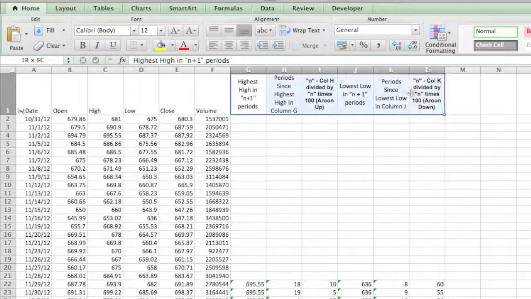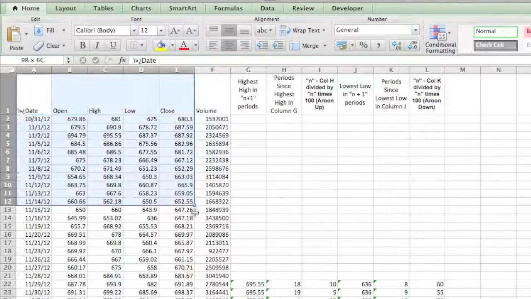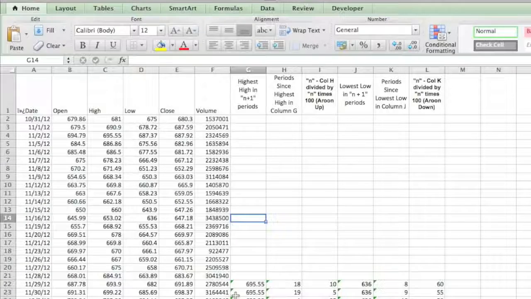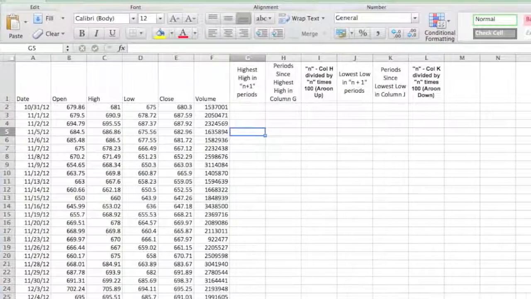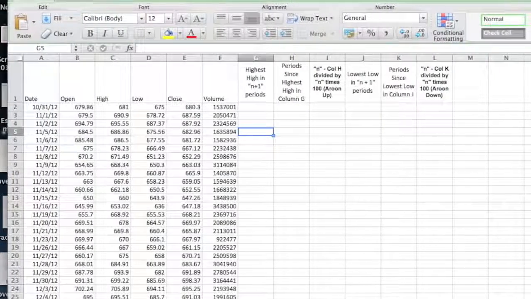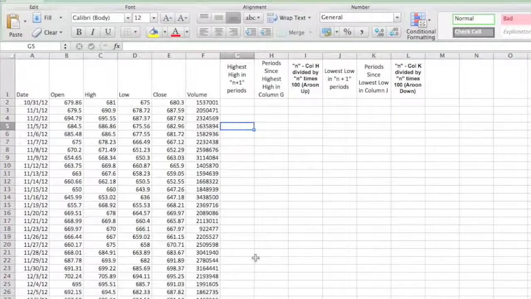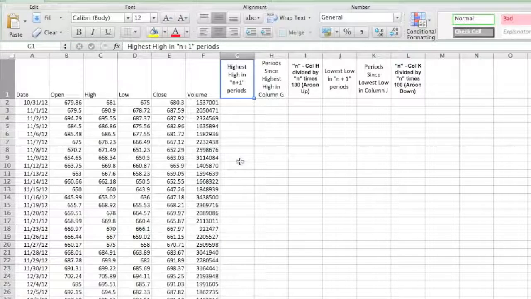We just need 6 extra columns from your current data. So I just copied the same data into a new sheet to calculate. Once you've downloaded your data into Excel, the very first thing we're going to need is to calculate the highest high in n+1 periods.